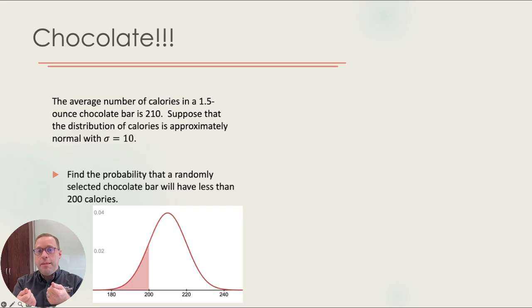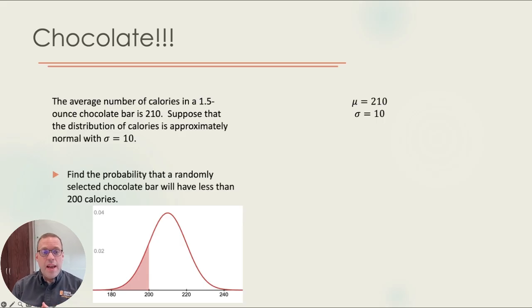So if you just randomly choose these chocolate bars and you measure the number of calories in them, then you'll be able to map out the calories, and you'll see that they form approximately a normal distribution with an average of 210 and a standard deviation of 10 calories.